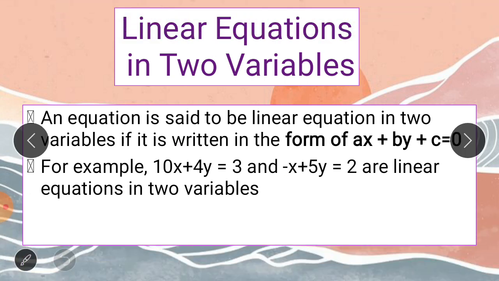For example, we have 10x plus 4y equals 3 and negative x plus 5y equals 2. So how do you identify whether the equation is a linear equation or not?